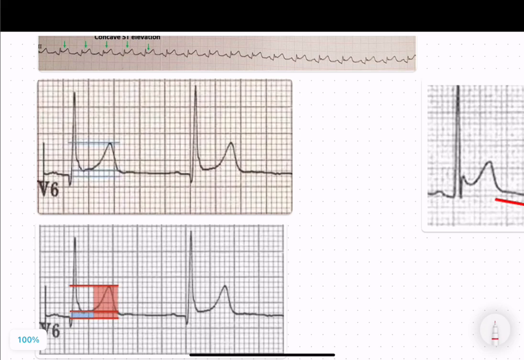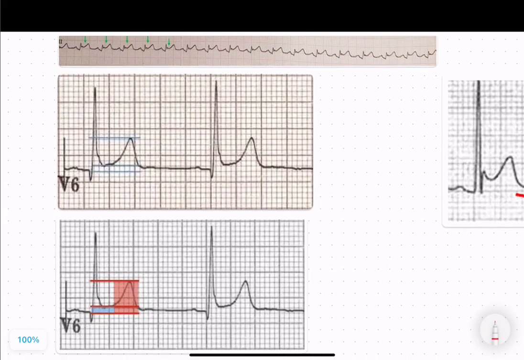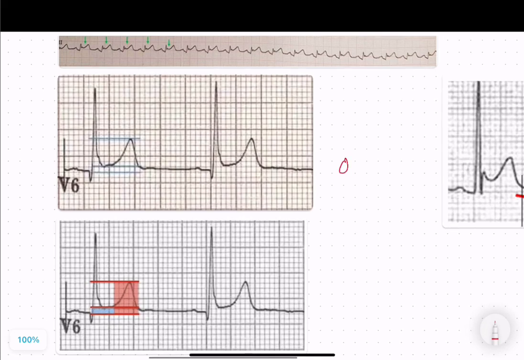To measure this ratio, the vertical height of ST segment elevation from the end of the PR segment to the J point is measured and compared to the amplitude of the T wave in V6. A ratio of more than 0.25 suggests pericarditis and less than 0.25 suggests benign early repolarization.